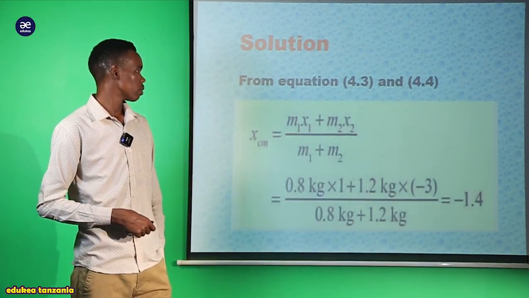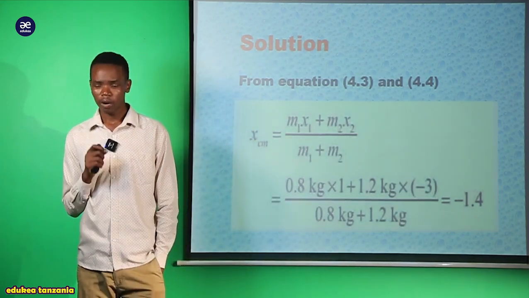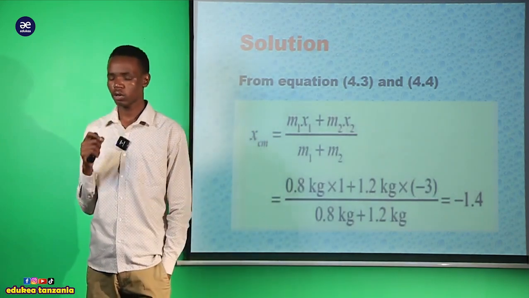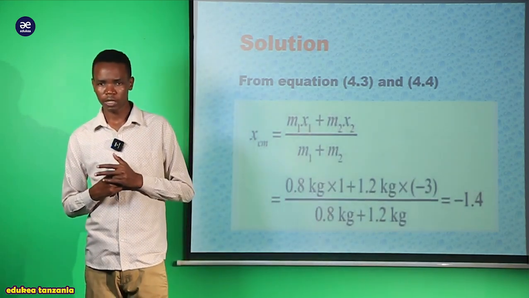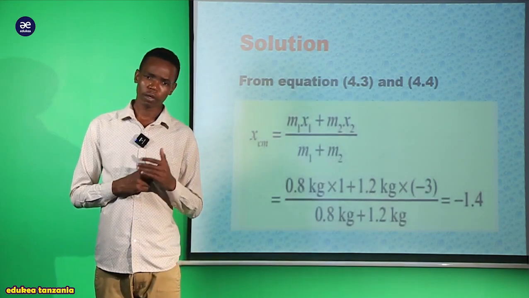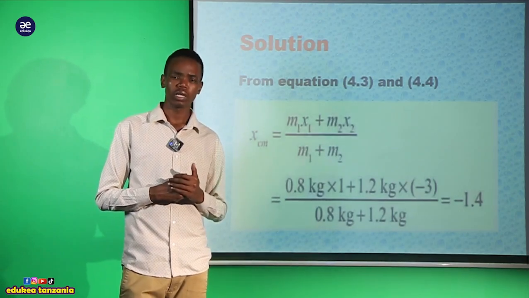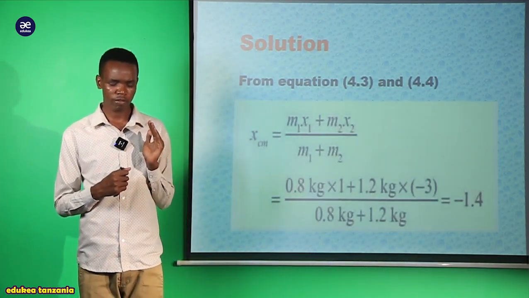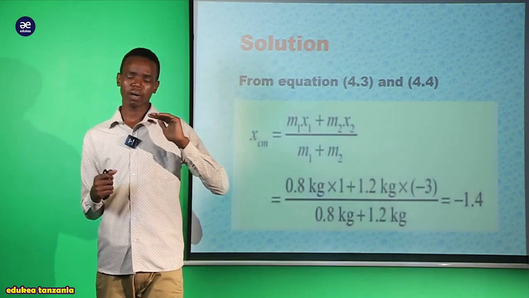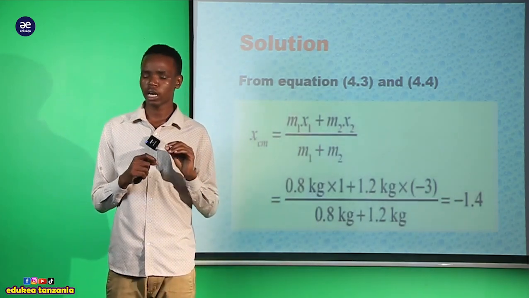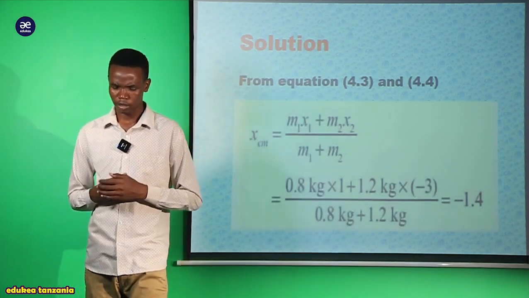Now let us recall our equations, 4.3 and 4.4. Equation 4.3, my dear student, gives us the formula related to the x-axis, but equation 4.4 gives us the formula related to the y-axis.